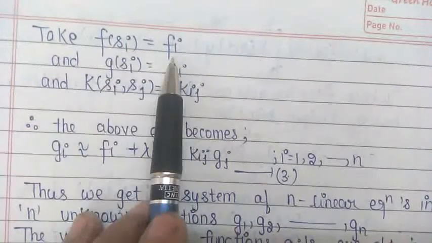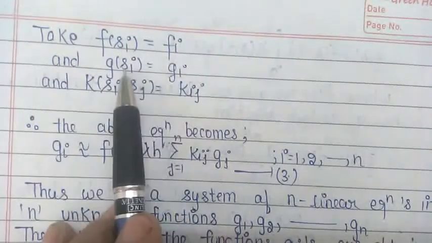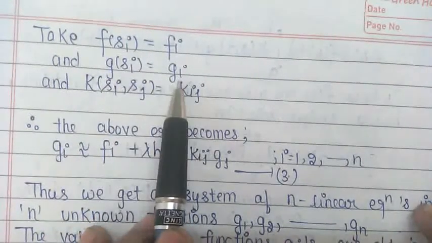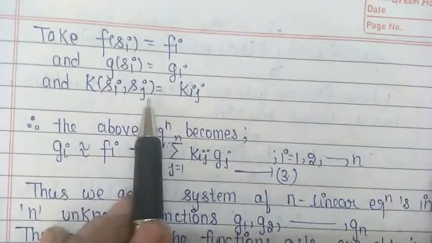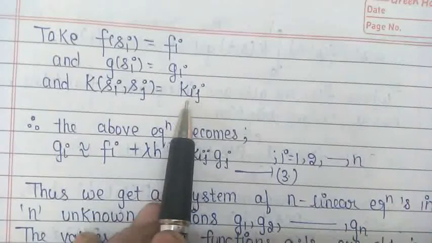Now let us use some symbols. f(si) we denote by fi, g(si) by gi, and k(si,sj) by kij.